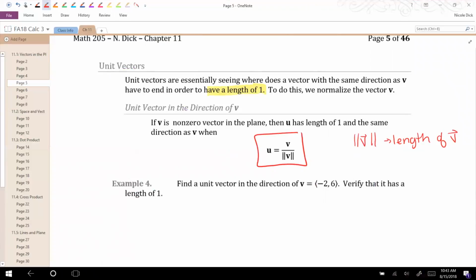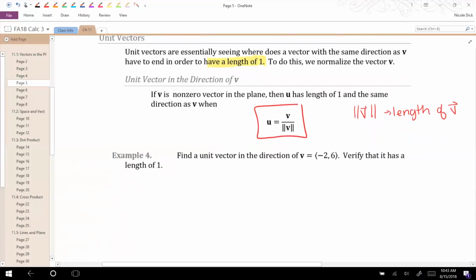We're just multiplying it by the inverse of its length so that we can scale it to a length of 1 here. U isn't always used for the unit vector, but it's often used for the unit vector, so that's why we have U equals out there. But that's really all we're doing. We're taking the vector, finding its length, and then just multiplying by its inverse, so we can make sure we scale it down to 1 there.